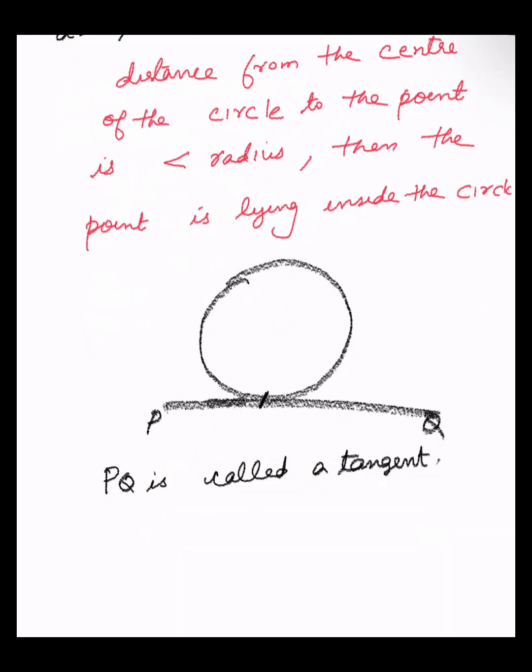All this you will learn in higher classes, but at the moment just understand that a straight line that just touches a circle externally is called a tangent. So how many points is it touching? Only one point on the circle.